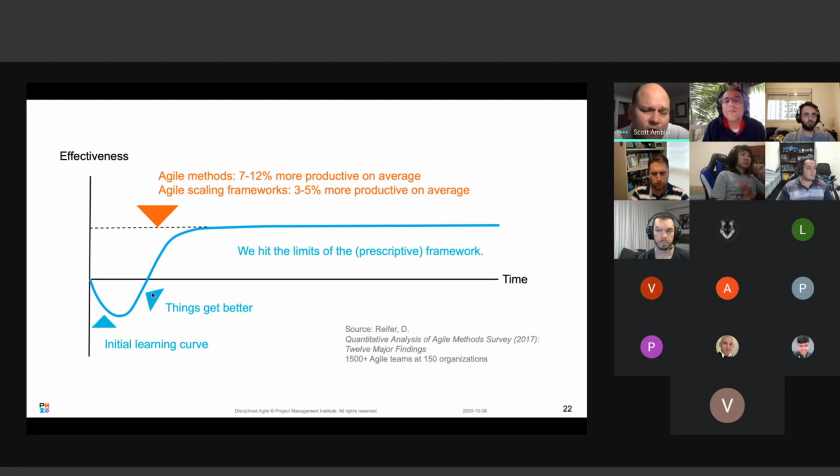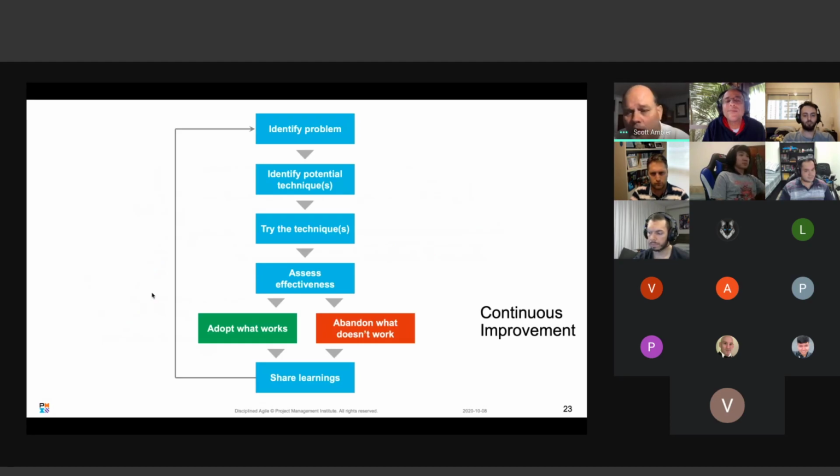But those teams were so messed up that doing anything would have dramatically improved what they were doing. So we've got to be honest about what's happening here. Luckily, Dr. Reifer has been doing a pretty good job, and he publishes and all that good stuff. And like I said, he doesn't have an axe to grind.